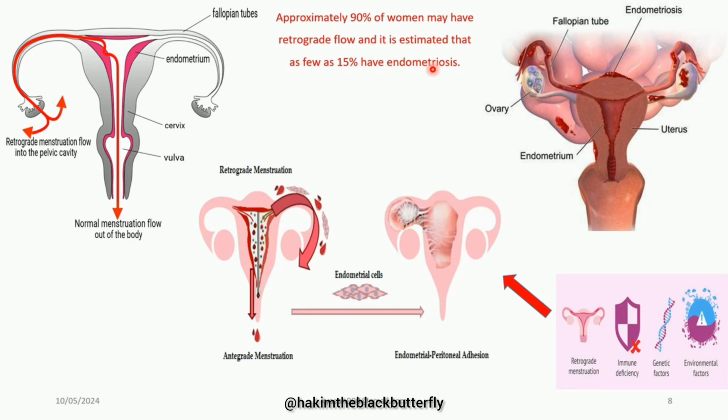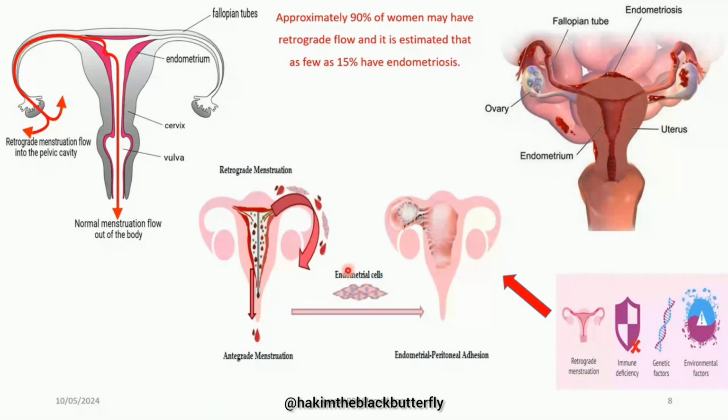Some women that experience this can have endometriosis because this menstrual blood has endometrial cells that are sloughing off from the endometrium.